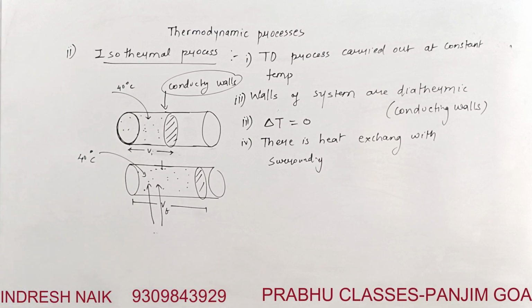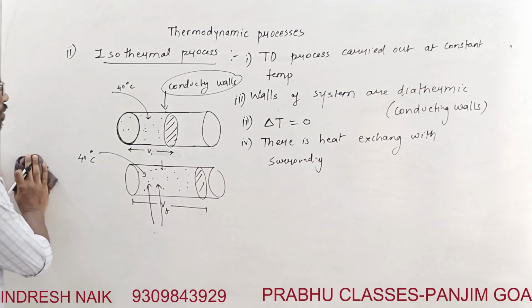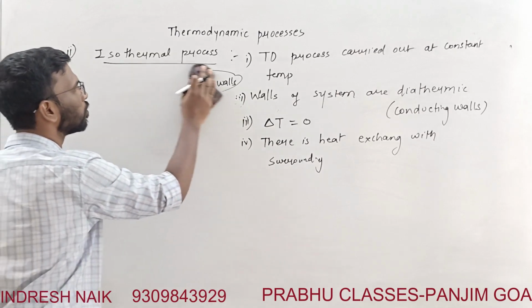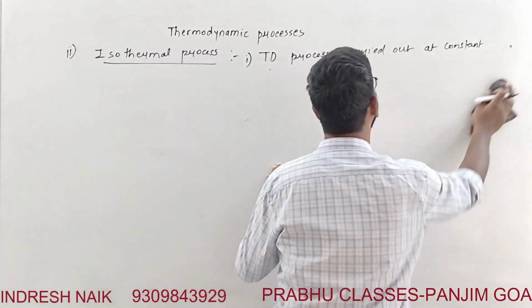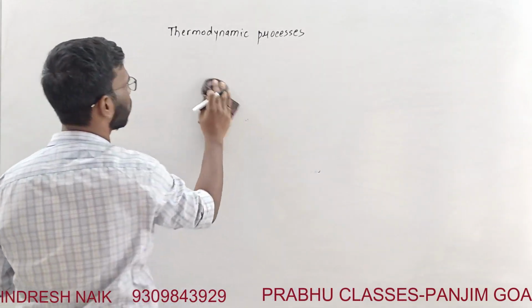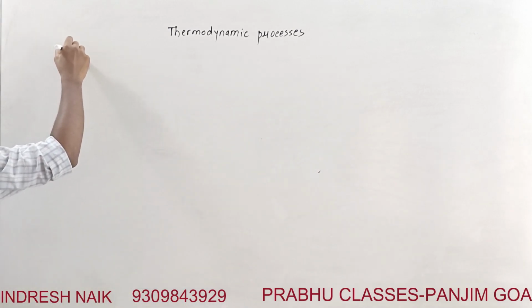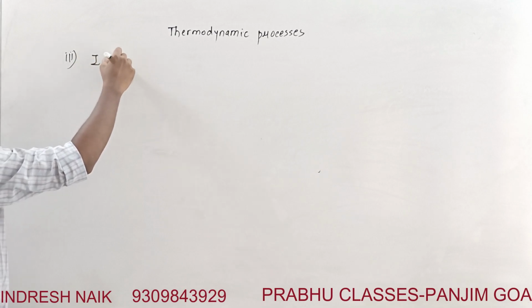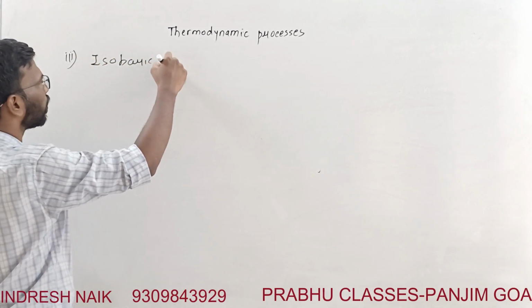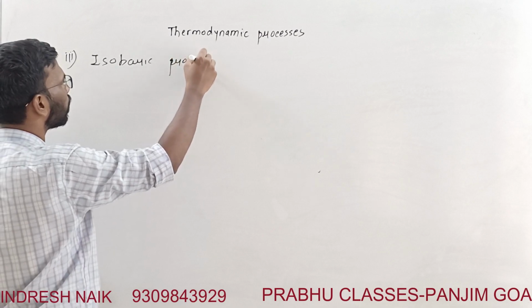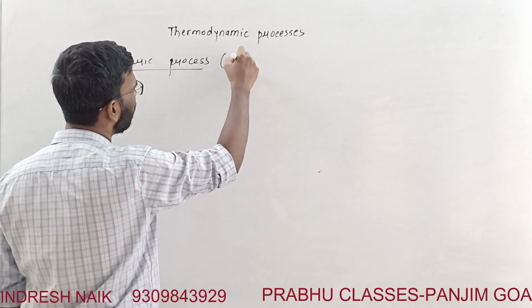Next is the isobaric process. Third is the isobaric process. dP is equal to 0.